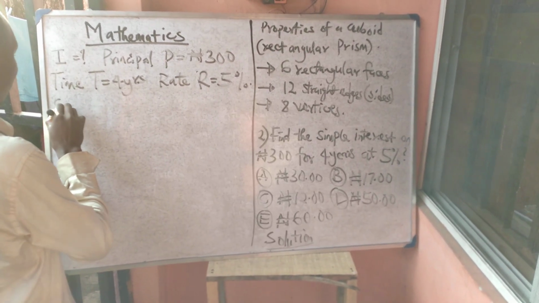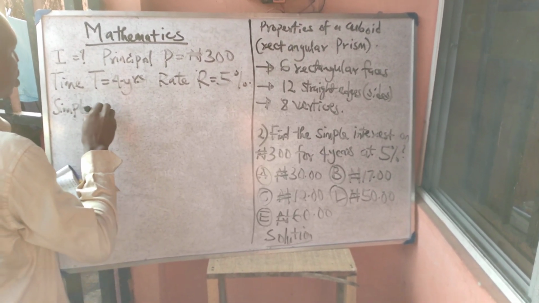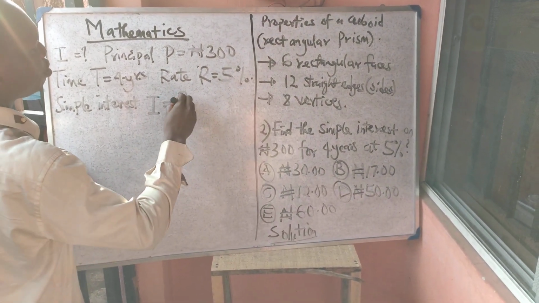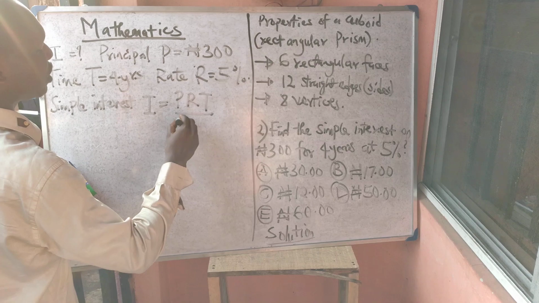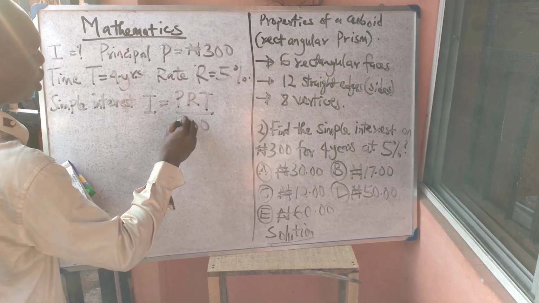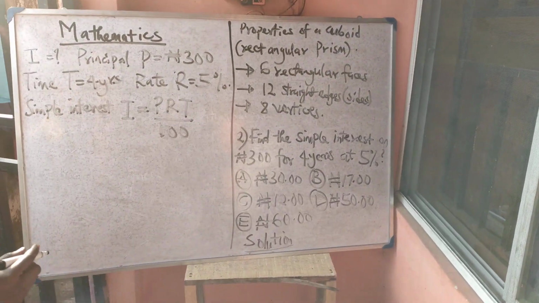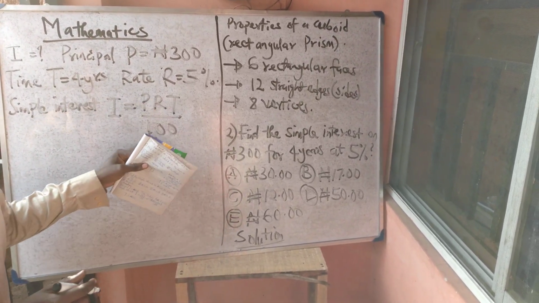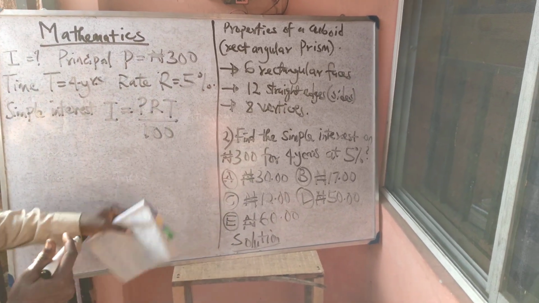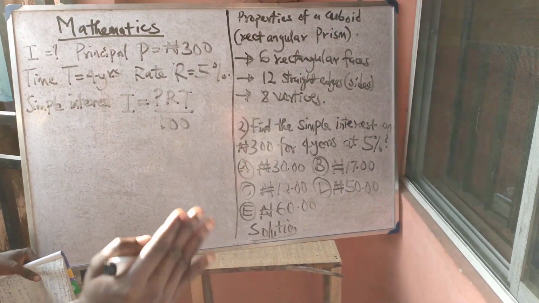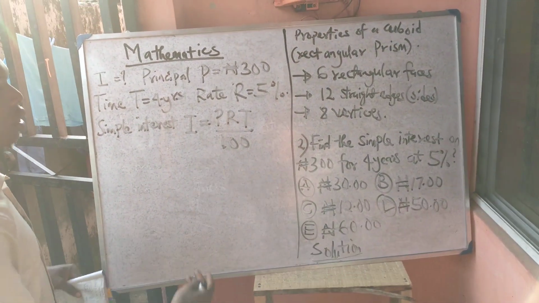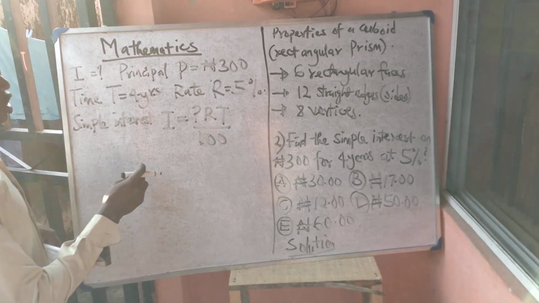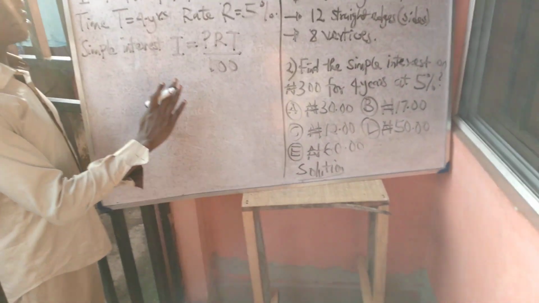Simple interest has the formula I equals P R T divided by 100. Take note: P is the principal, R is the rate, T is the time, and it is divided by 100.